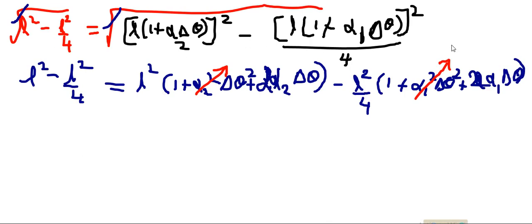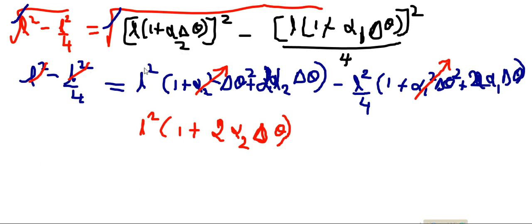The remaining things to substitute are L square into 1 plus 2 alpha 2 delta theta. So this L square gets cancelled by taking it commonly outside.